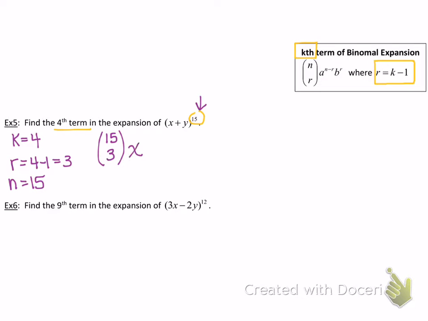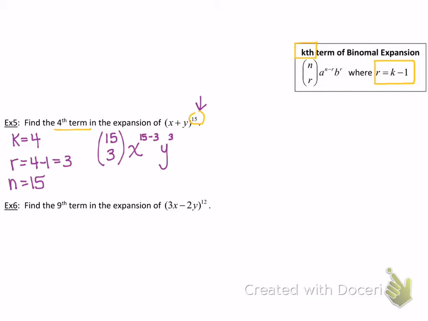And then you have x, your first term, to the power of n, which is 15, minus r, which is 3. And then our b value, which is y here, our second term in the original binomial, is just to the r power, which in this case is 3.